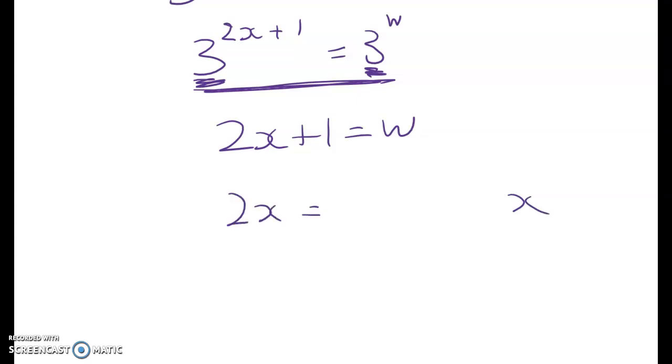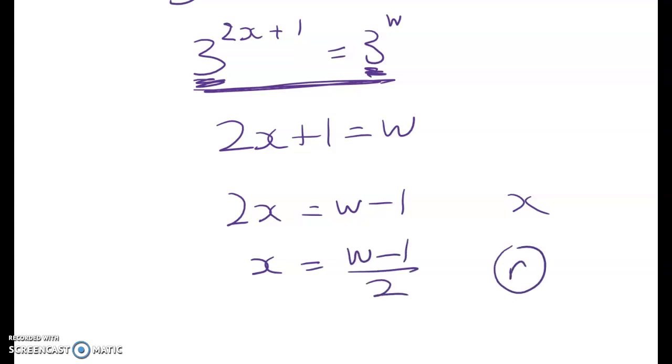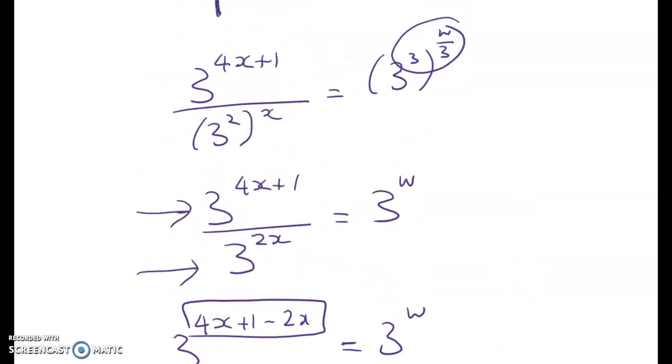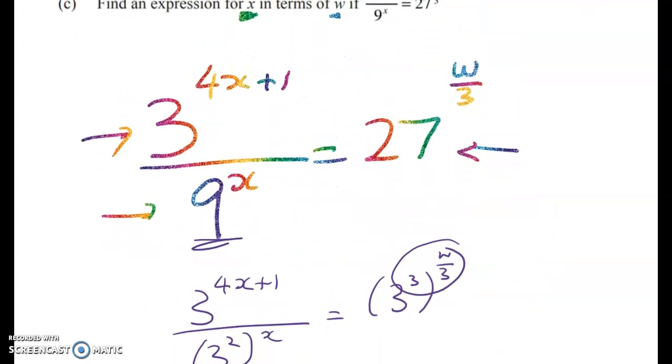So 2x is equal to w minus 1, x is equal to w minus 1 over 2. And that's a merit mark for that one there. Okay, so quite a lot of steps in there, but actually once you spot that you just have to change the base, the steps after that are, I think, reasonably obvious with what you need to do.